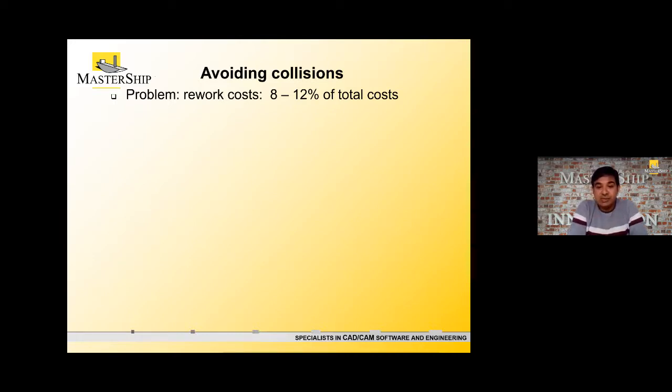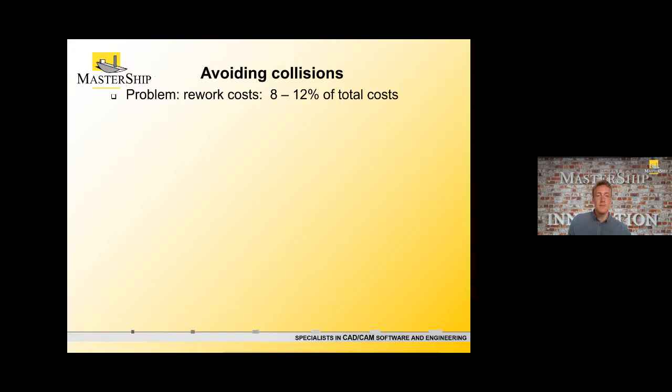Studies show that 8 to 12% of a total engineering project is actually due to the cost of rework. So this is affecting a lot, and I think it's up to Gijs to see how he sees it, what can be the cause, and what solution he thinks of.